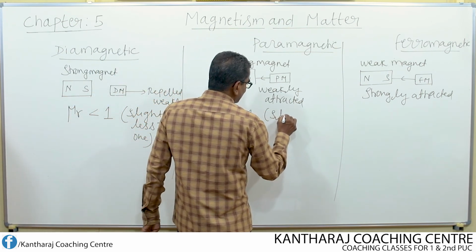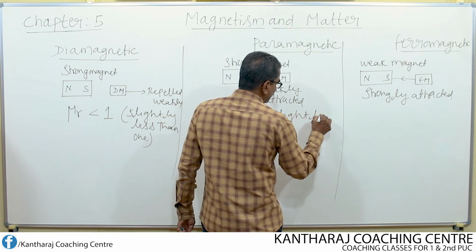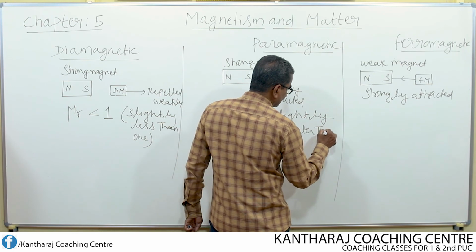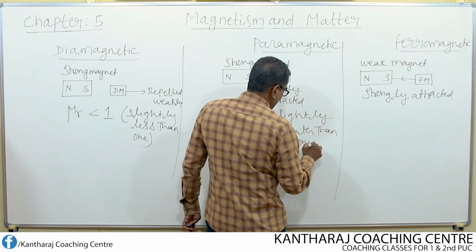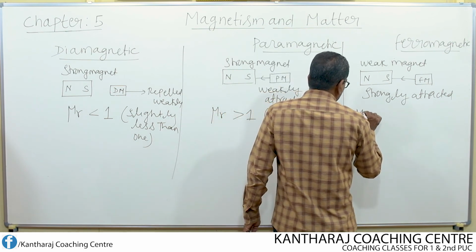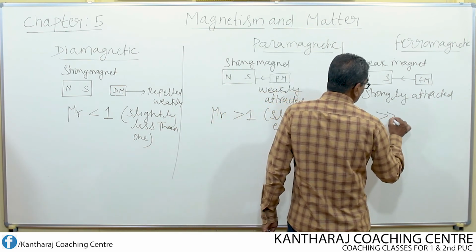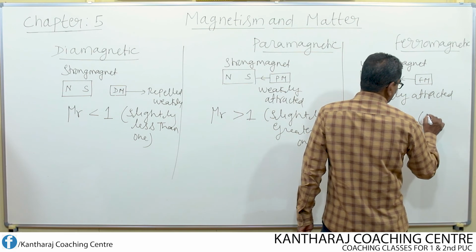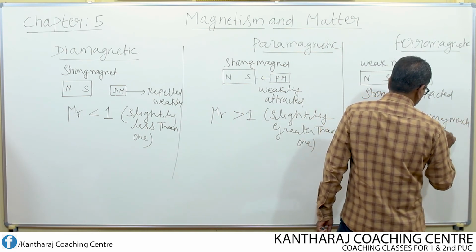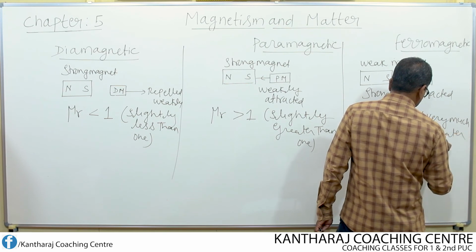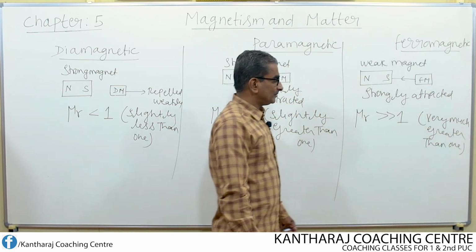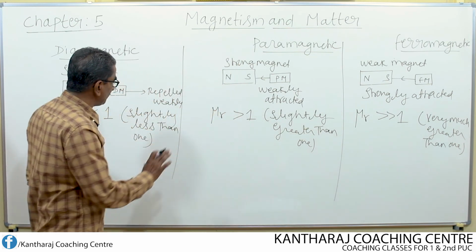That means slightly greater than 1. What about this ferromagnetic material? For ferromagnetic material, relative permeability is very much greater than 1. Okay. This is another property.